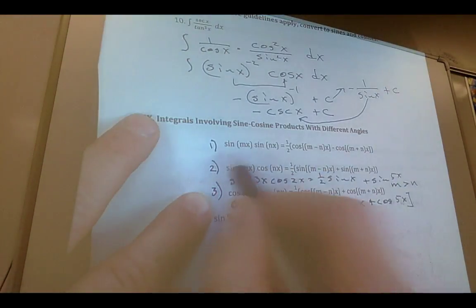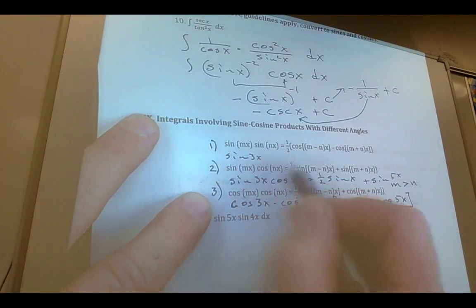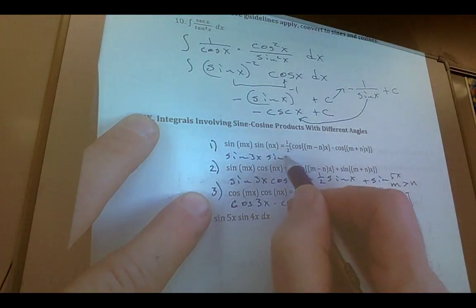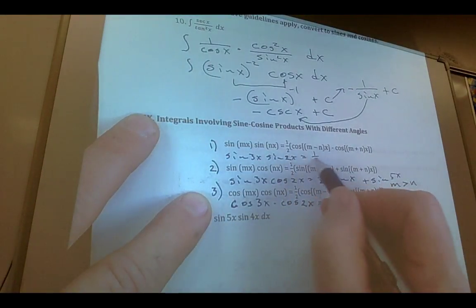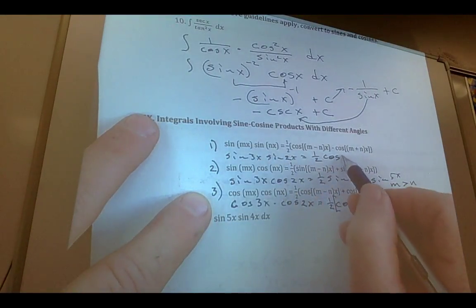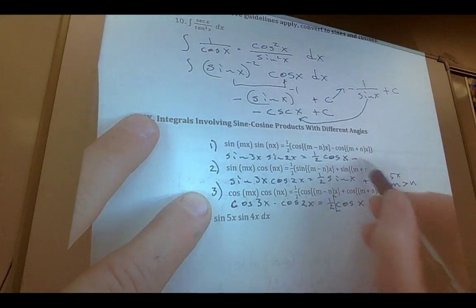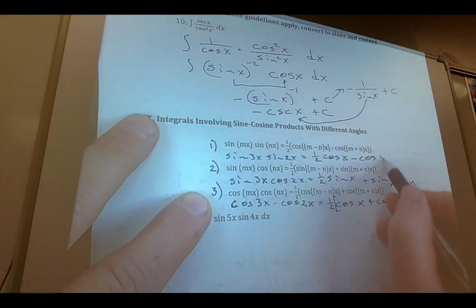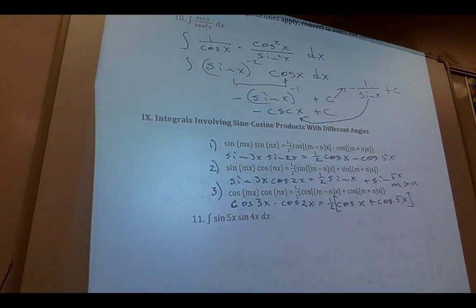And if I have this example, the sine of 3x, the sine of 2x, that can be written as 1/2 the cosine of x minus the cosine of 5x. I never ever remember those. I always have them somewhere in my notes. And if I see them on a test, I make sure those are the first 3 things I write down.